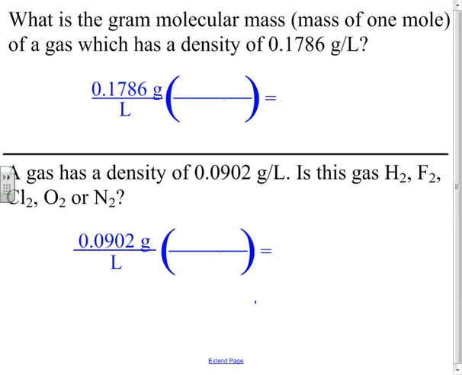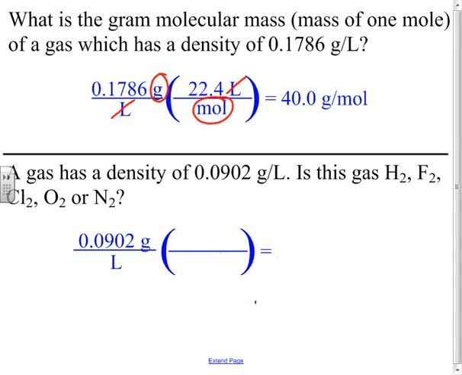And so again, we need to remember that 1 mole has a volume of 22.4 liters. If I take the density and multiply it by the ratio of 22.4 liters per mole, I will get grams per mole, which is the molar mass. And so that gas is going to have a molar mass of 40.0 grams per mole.